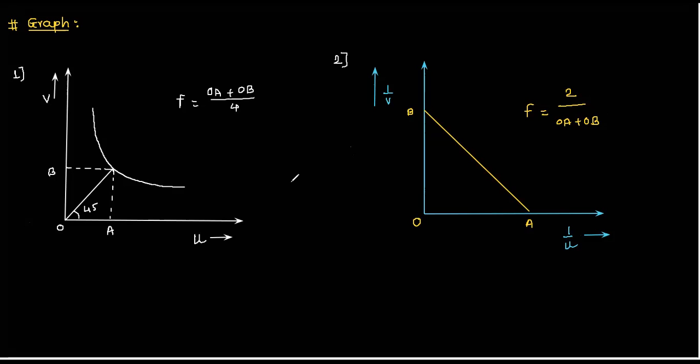Two graphs. One is V versus U, another is 1 by V versus 1 by U. If you plot the V versus U graph, the focal length formula is OA plus OB by 4, and for the 1 by V versus 1 by U graph, the focal length formula is 2 by OA plus OB. Yes, draw this graph.